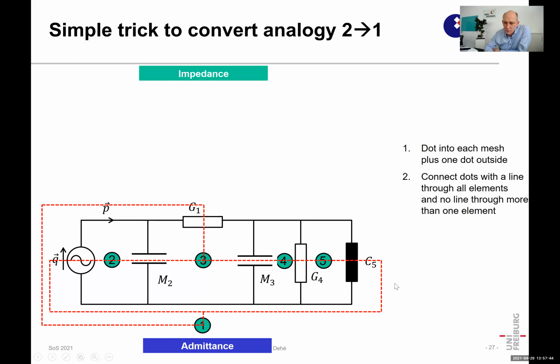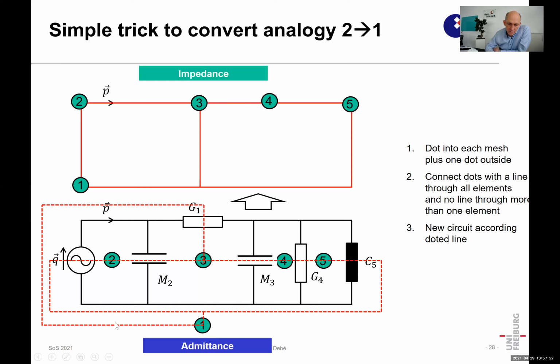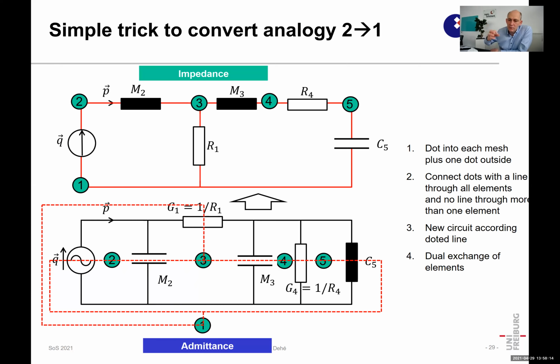These lines are now already the representation of the new network. Then you can draw this again: 1, 2, 3 is connected to each other, and coming back again. So we have now the same loop as here, and the other one as well. With these loops, you now know the topology of the circuitry. Now finally you only have to do the dual description of your elements. So M2 as a capacitance here is an inductance now, M2.